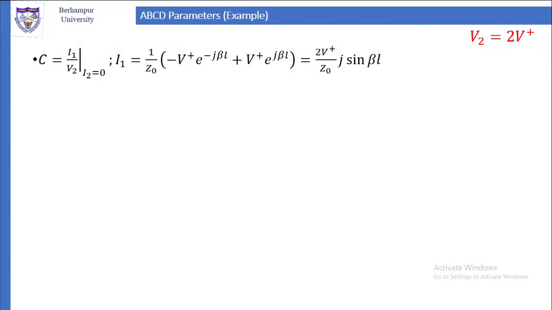Then we'll find out what is C. C is equal to I1 by V2 when I2 is equal to 0.